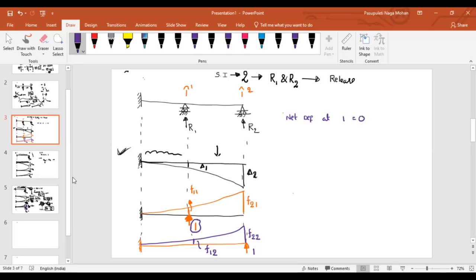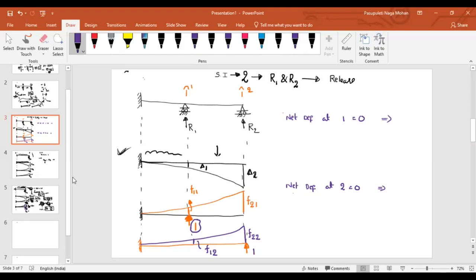These statements are correct, isn't it? I will say net deflection 1 is equal to 0. And to get the reaction at 2, I will say net deflection at 2 should be equal to 0. Is there any doubt in these two statements? No, sir. That is what happens, right? As it is a roller support, the deflection is 0 at both the supports.